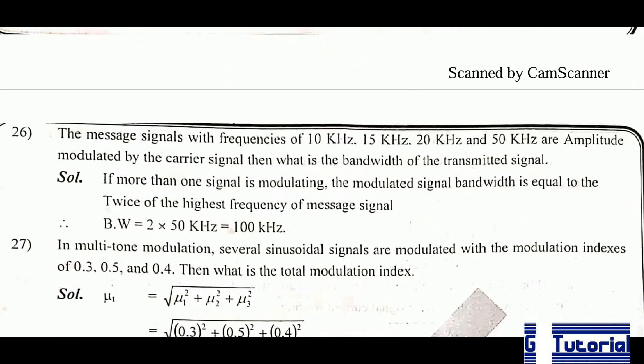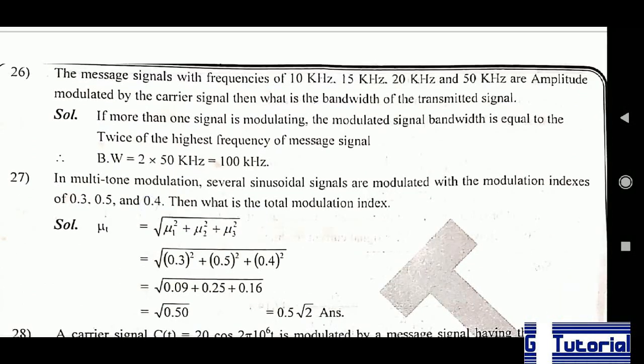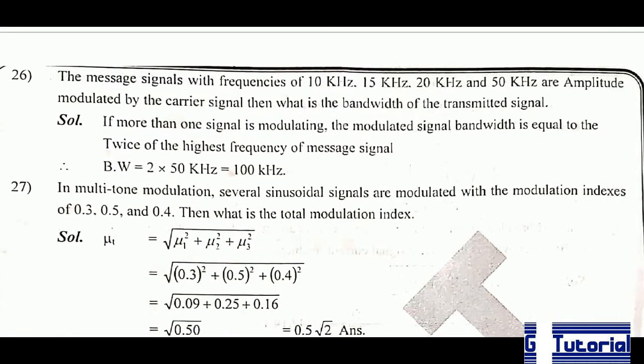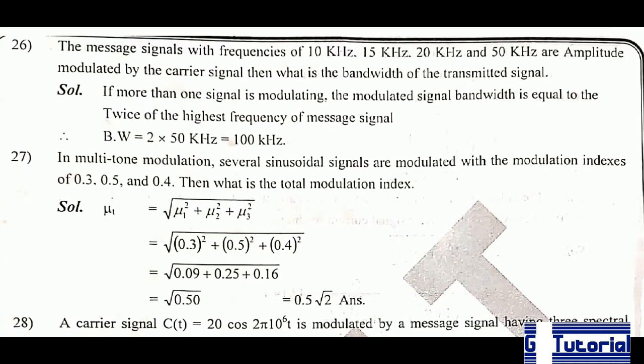Next question. The message signal with frequencies 10 kHz, 15 kHz, 20 kHz, 50 kHz are amplitude modulated by a carrier signal. Then what is the bandwidth of the transmitted signal? Here we are given 4 frequencies, and we are asked to find the bandwidth of the transmitted signal.